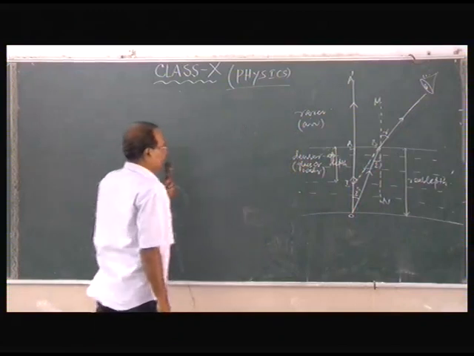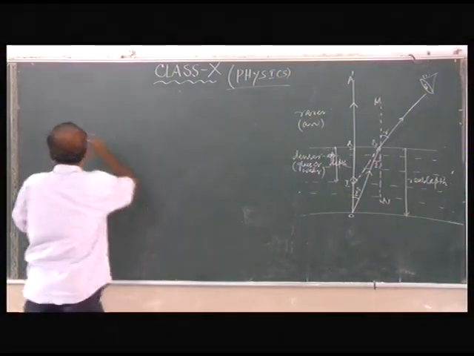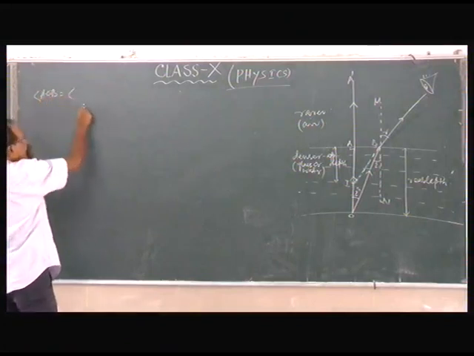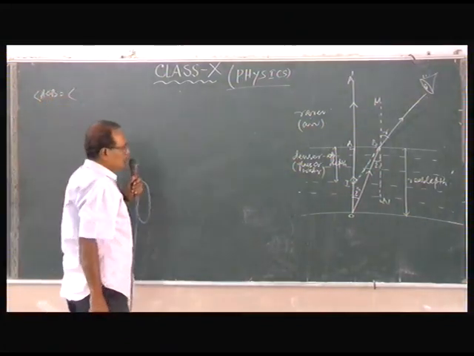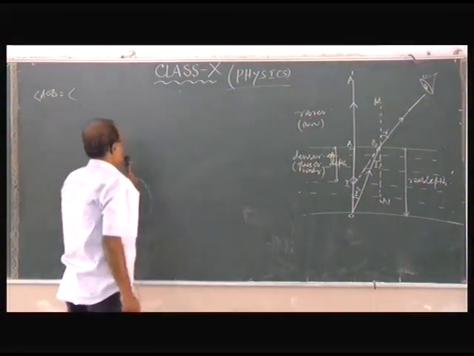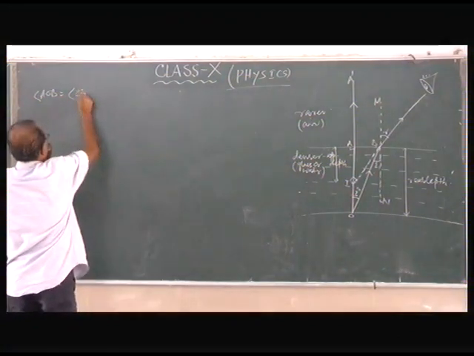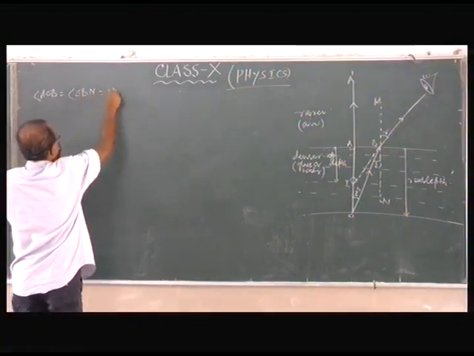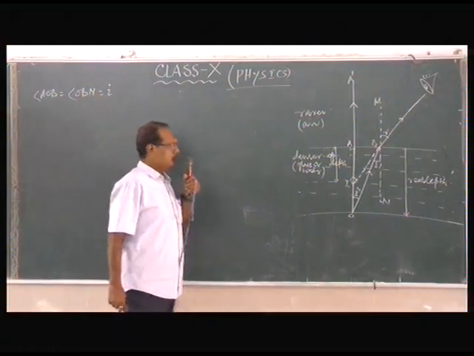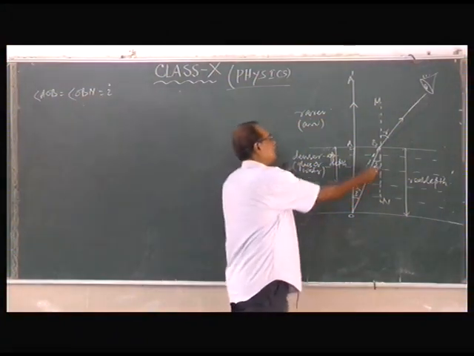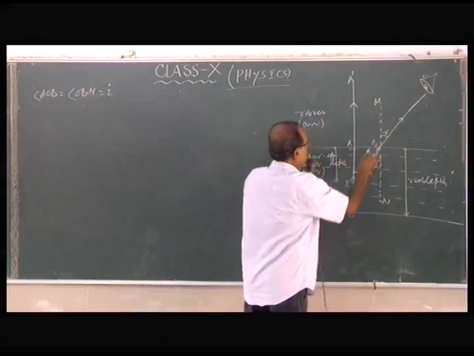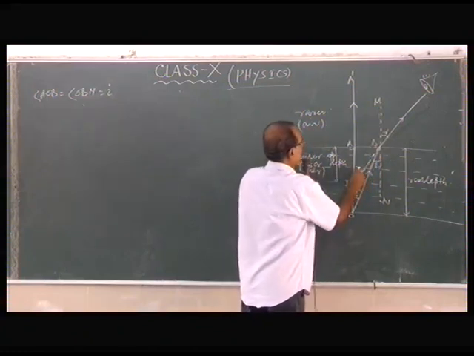So therefore angle AOB is equal to angle OBN, that is equal to I. It is an alternate angle. Now this angle R is equal to this angle.